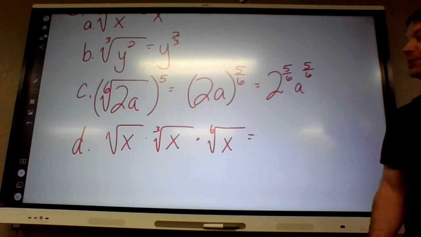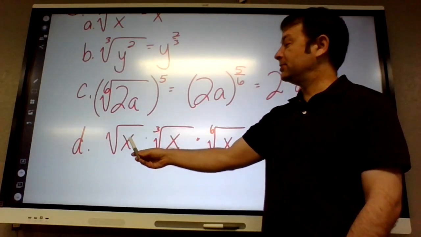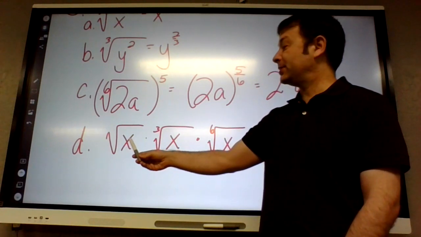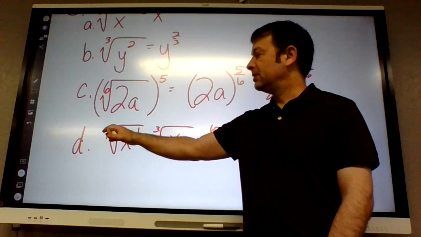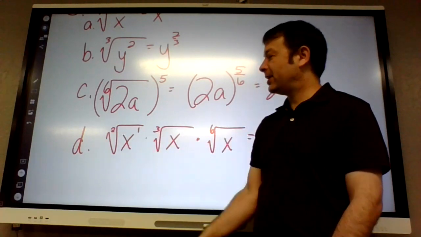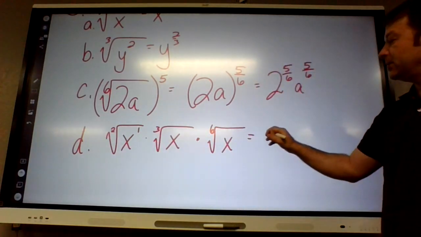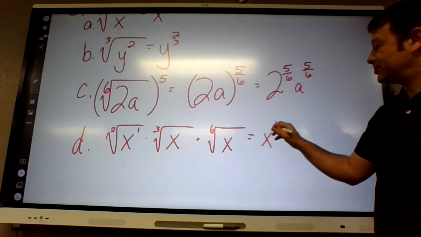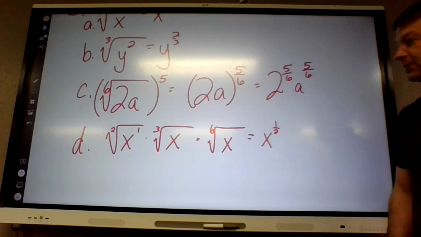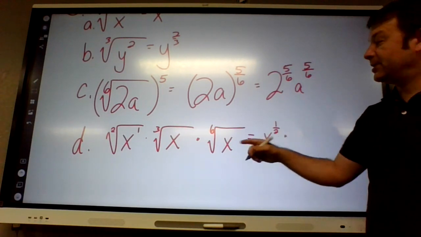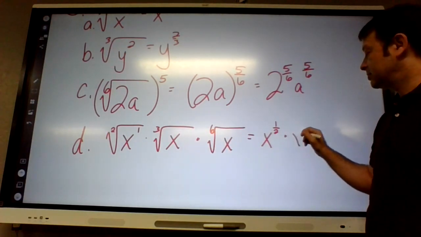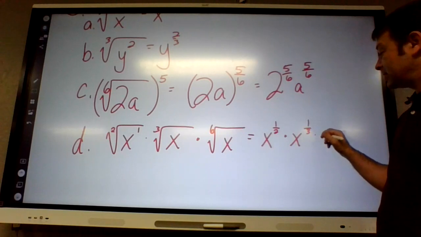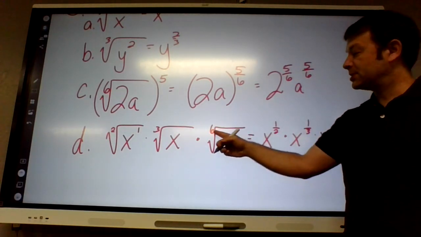Okay, on this one, square root of x is x to the what? 1/2. If there's no power, there's the invisible 1 on the power. And this would be times x to the 1/3, times x to the 1/6.